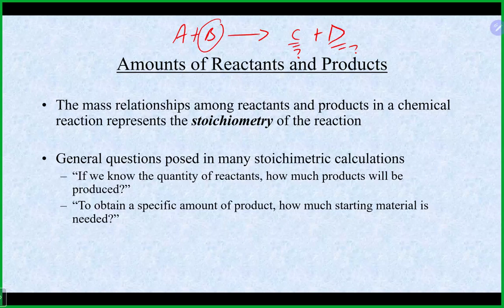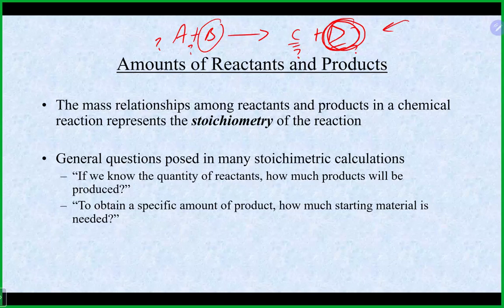And we could actually do the other calculation, which is if we know something about our products, like how much of one of our products was produced, we could figure out how much of each of the reactants we started with. We also can figure out how much of, say, the other product we would produce if there was more than one product.